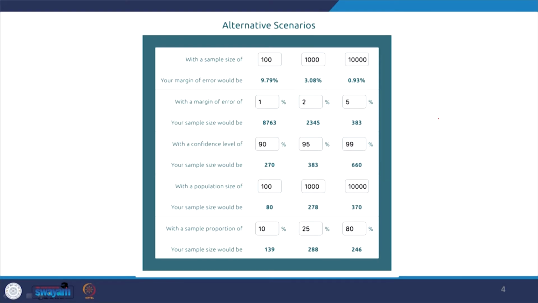Now, from the same website we can cross check the margin error as well as the role of the confidence level. When the sample size is higher in the first example, your margin error decreases. You can compare with the increase in sample size as per the first set of examples. In the second case, with a margin error of 1% you require 8763 samples.